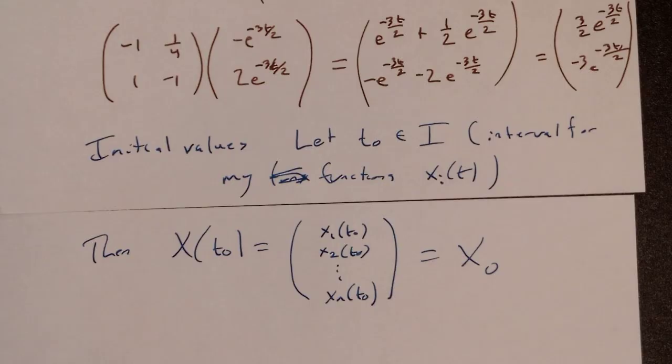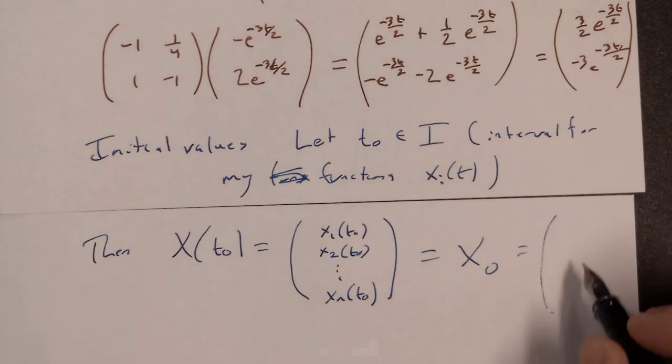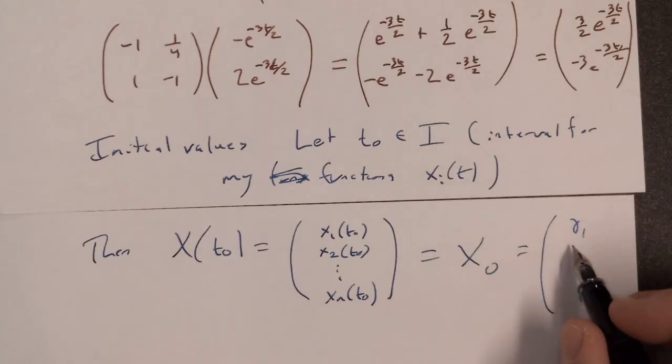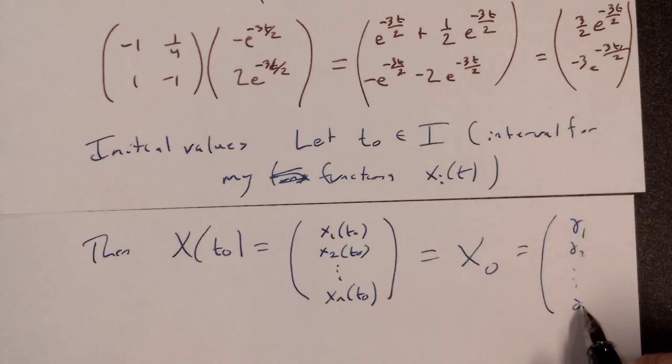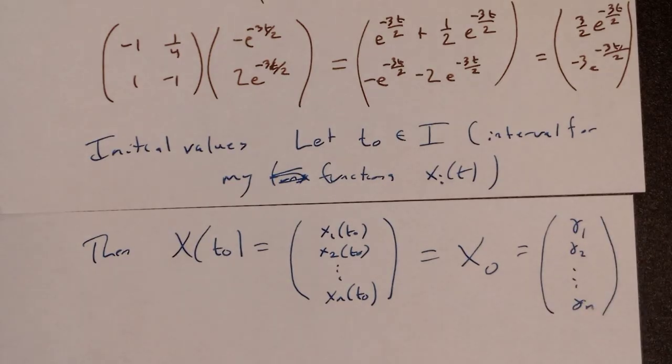We often write that as a vector x0, and sometimes we'll just give it numbers like gamma 1, gamma 2, all the way down to gamma n. I've used all sorts of letters so far. I didn't want to give you another x, y, z, t, whatever. So they stuck Greek ones in here. Fine. But that means, where these are all constants, I have an initial value problem.